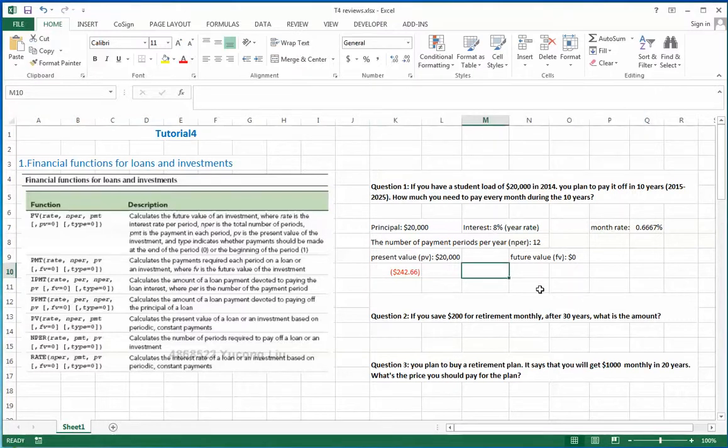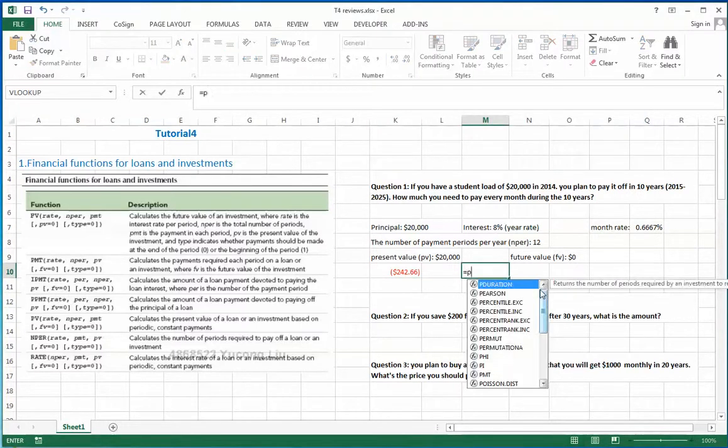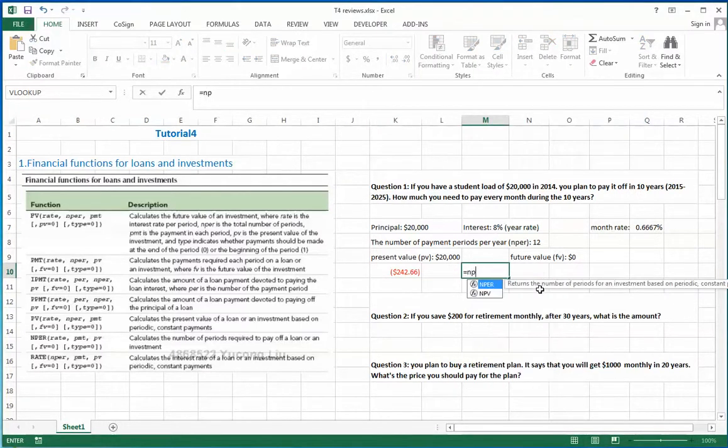So that's how we do it. NPER. Rate, again, we need to use the month rate. And the payment you want to pay, say now you want to pay 300, negative, remember, because you pay, you give out the money, negative 300.